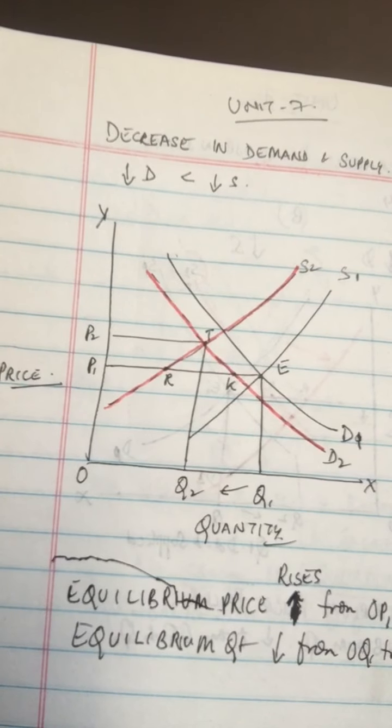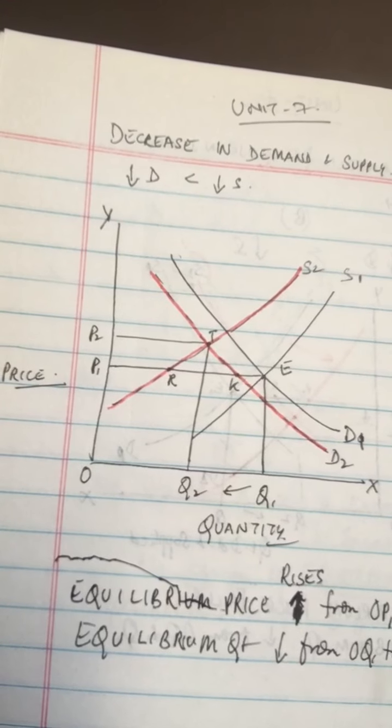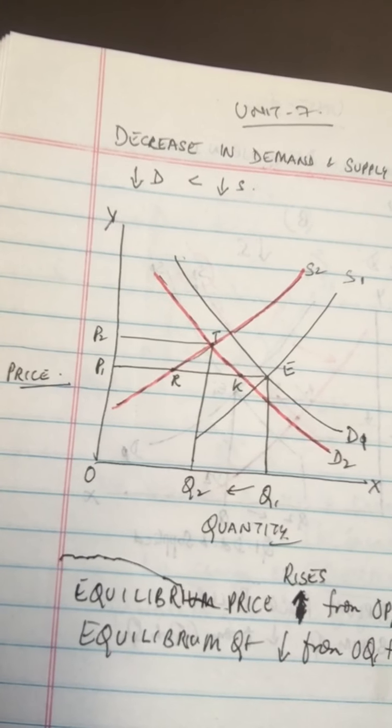Now demand contracts from point K towards point T. Can you see that?